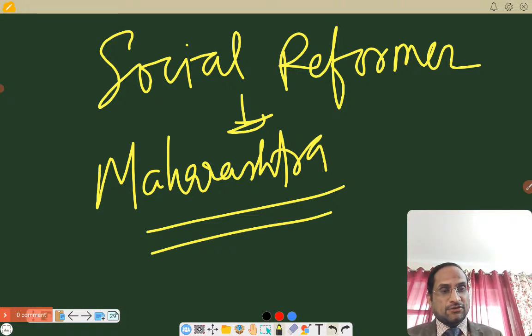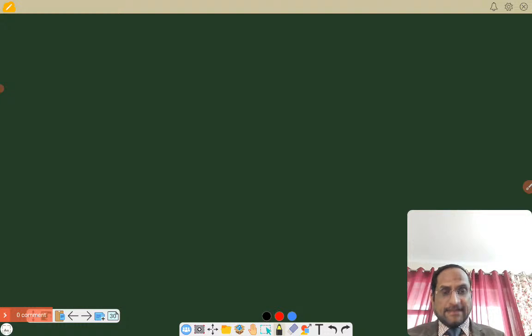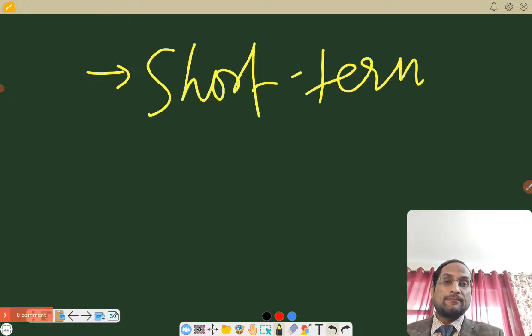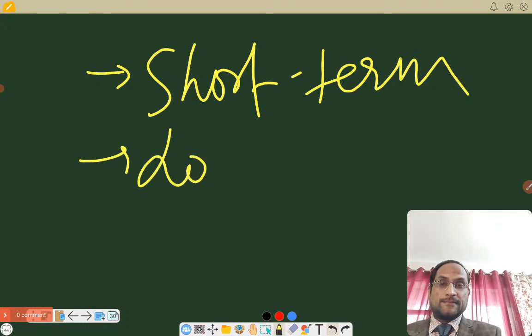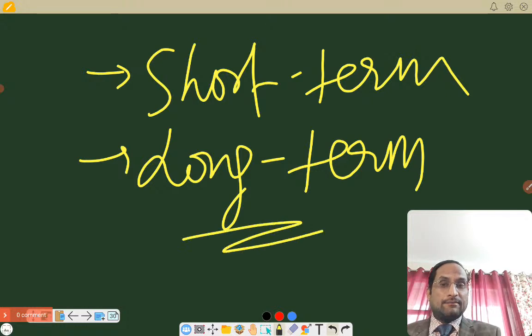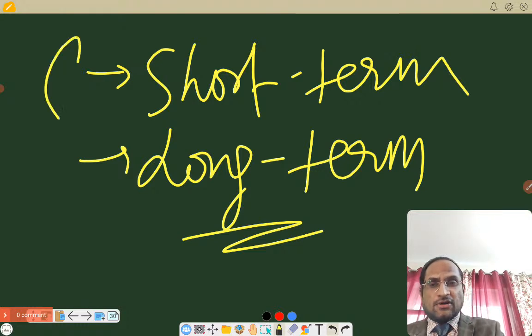So, giving idealistic solutions. And see, one more tendency I have seen in many of the aspirants is that giving only long term measures while suggesting some way out, suggesting some solution, ignoring the short term. So this is not important.